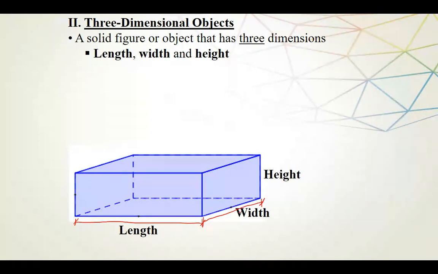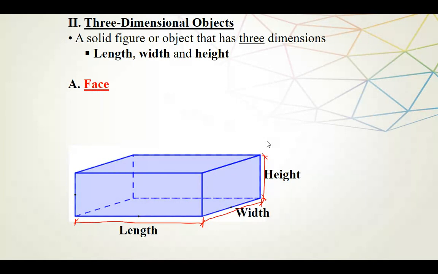And then you have the height, which is just how tall the 3D object is. That would just go from the bottom all the way up to the top. So it's a three-dimensional object because you have a linear measurement for the length, the width, and the height. And those 3 dimensions put together give you a three-dimensional object.